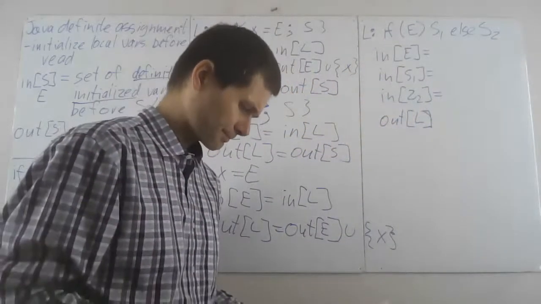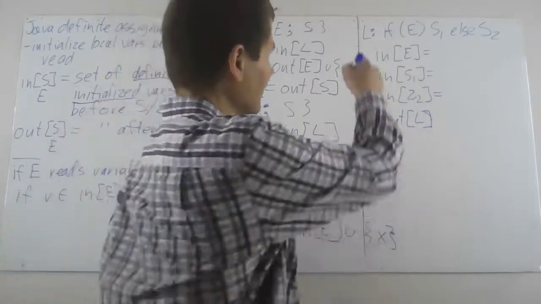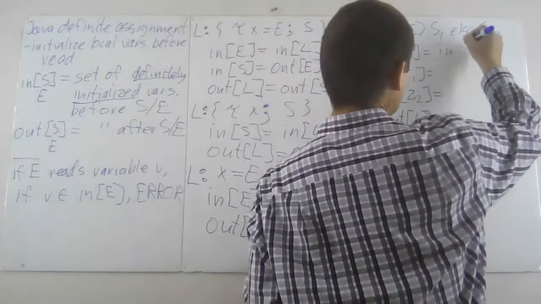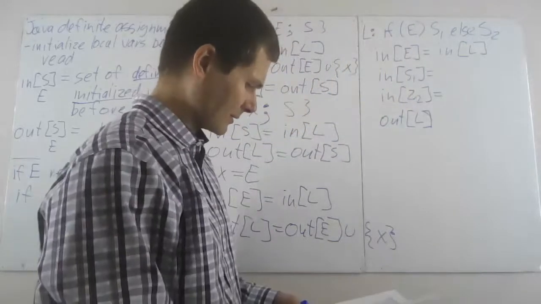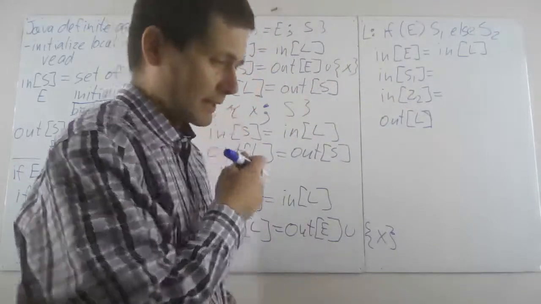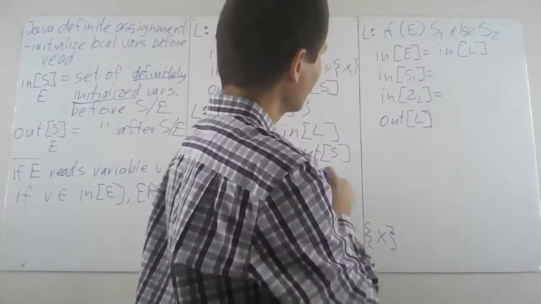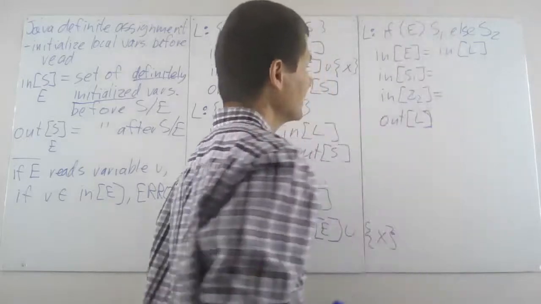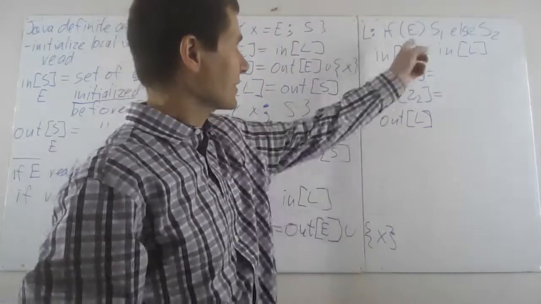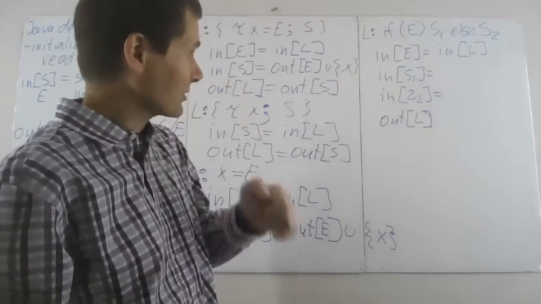Okay. All right, so in of E is just going to be in of L, so there's nothing new evaluated. And now for in of S1, I'm going to evaluate the expression. So if the condition initializes some variables, then I want them to be initialized.